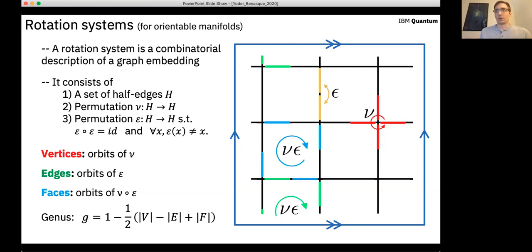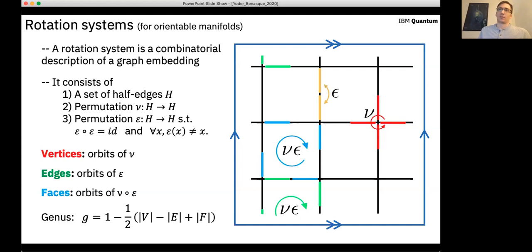So what we're using is called rotation systems. It's a combinatorial description of a graph embedding. It consists of a set of half edges and then 2 different permutations, where nu is just an arbitrary permutation of that set of half edges. The permutation epsilon has to square to identity.